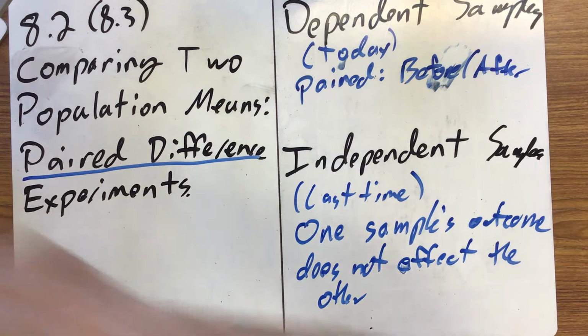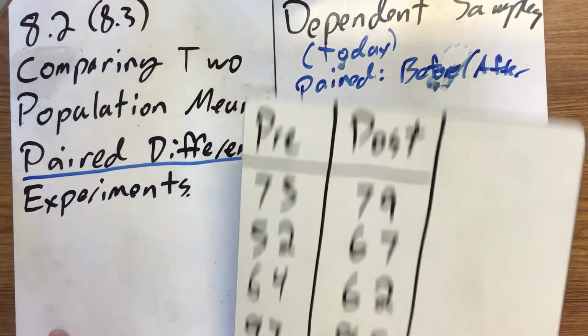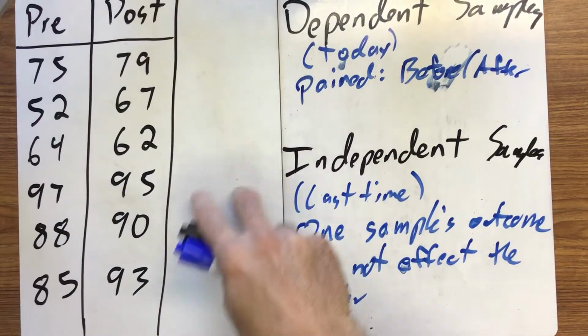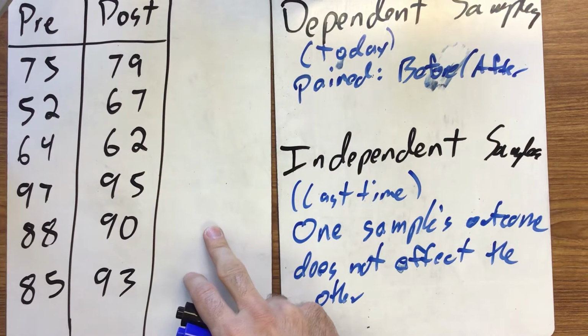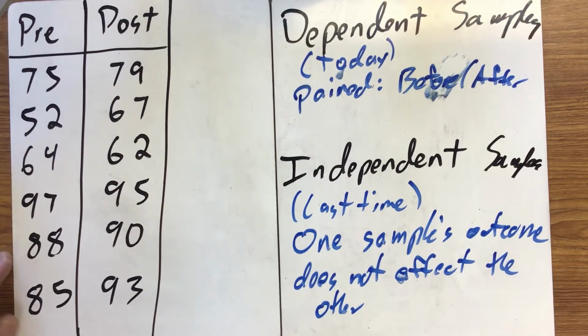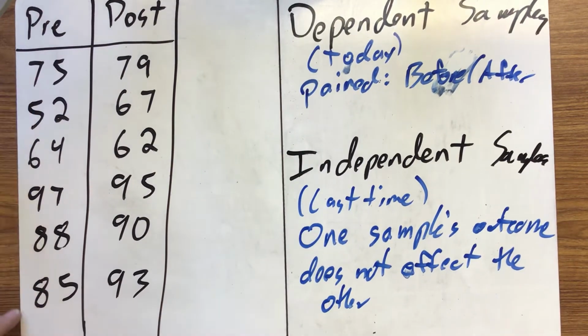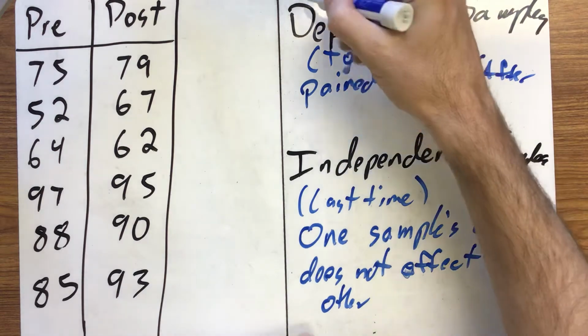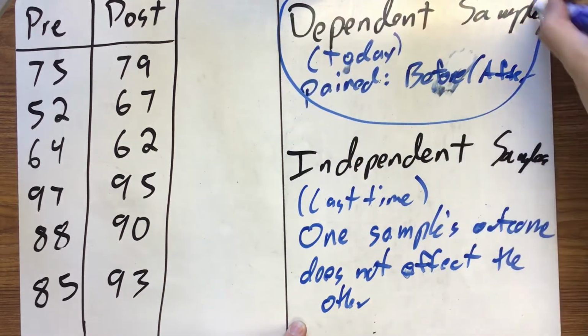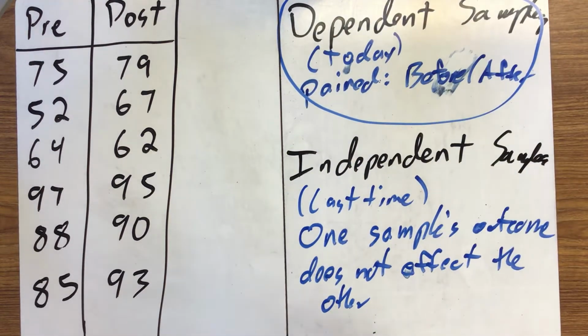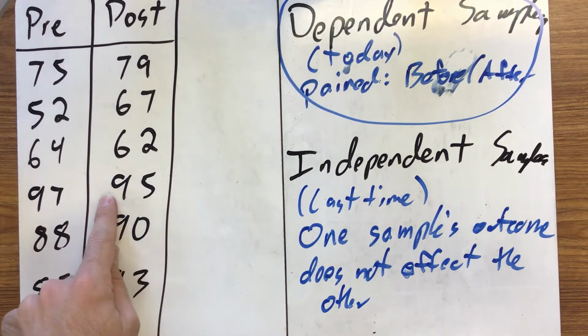We're going to talk about a problem where we gave some students a before and after test. The students in our problem took a pre-test, and these were their scores. They took a post-test, and these were their scores. This definitely fits the definition of dependent, because if you think about the student who scores really high, if you get a 97 on the pre-test, you're probably also going to get a pretty high score on the post-test.